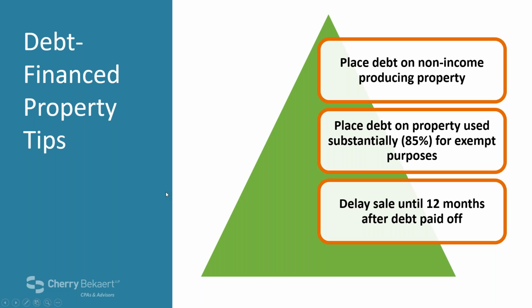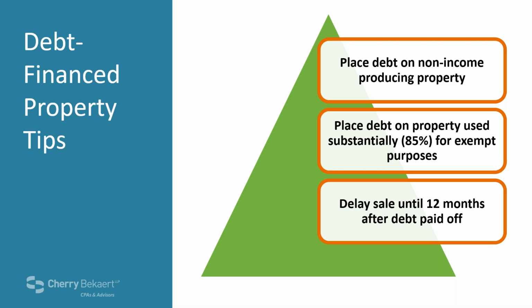So some tips to consider, if you might encounter this issue would be, if you have an opportunity to place debt on non-income producing property rather than income producing property, that would be a preferable option because then you wouldn't have to worry about picking up any unrelated business taxable income.